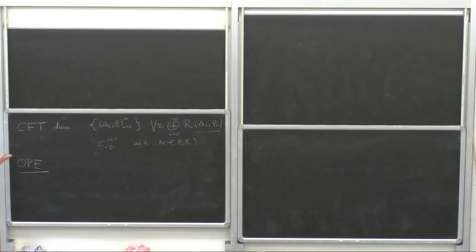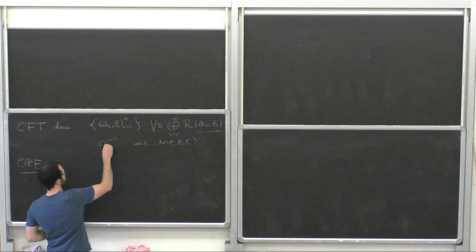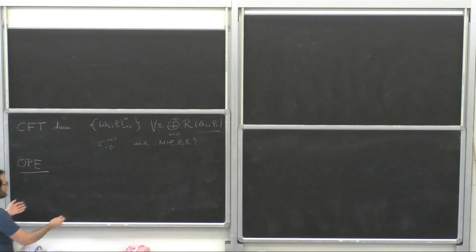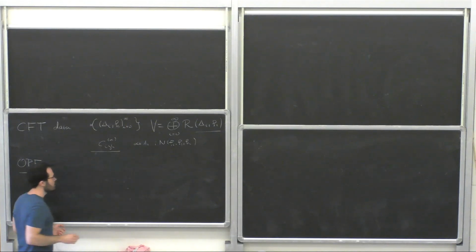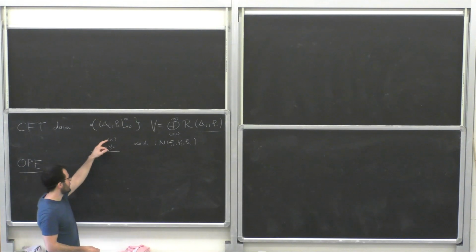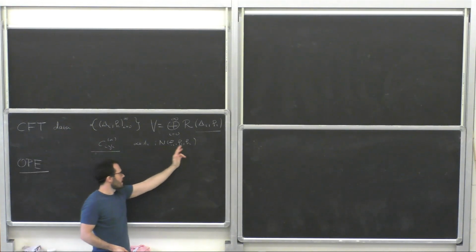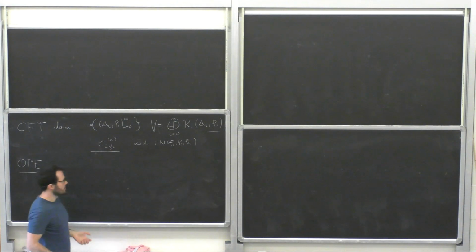That's one piece of CFT data. The other piece are the so-called three-point structure constants, or structure constants of the OPE, which are the C_IJK, where for each triplet of conformal primary operators there's some finite number of these three-point functions, where the number only depends on the spins.